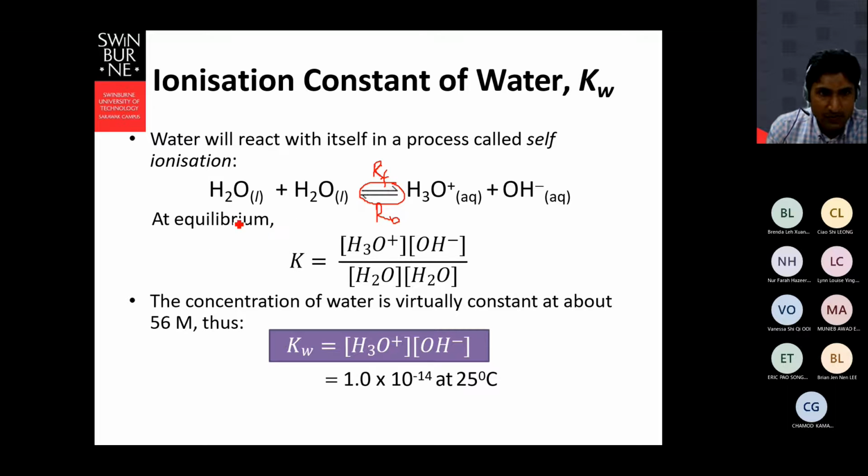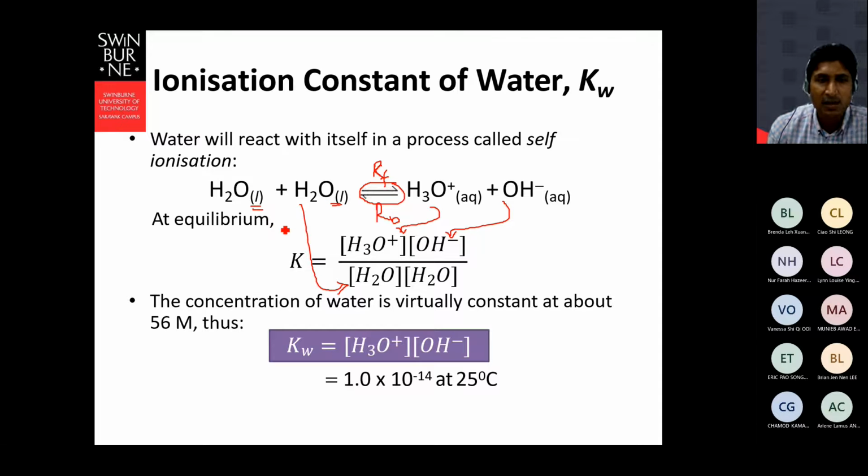And then since it is an equilibrium, we put the product over reactant concentration. Of course, it is in concentration, not in number of moles. But since this is L, that means liquid, and it does not dissociate a lot, we can just consider it as not there because it is liquid, right?